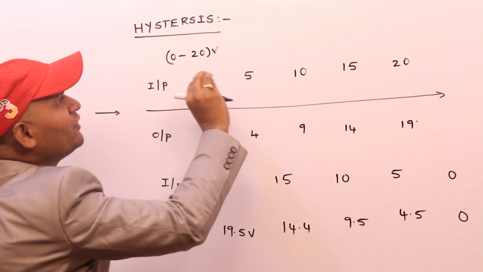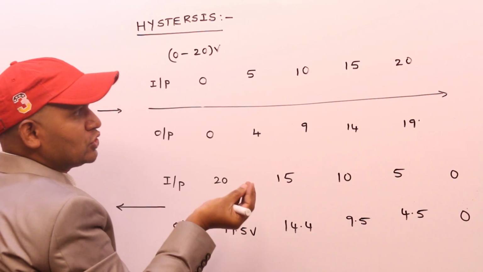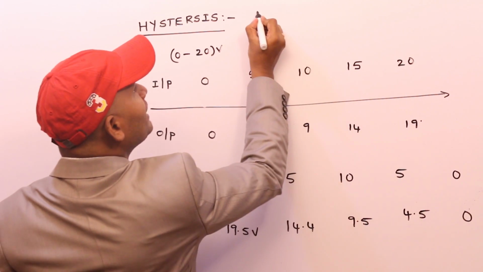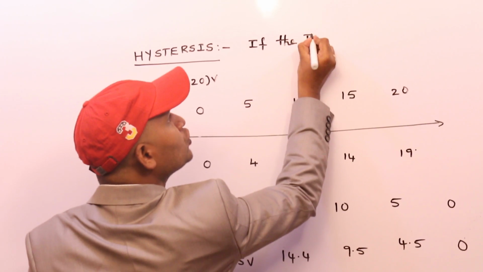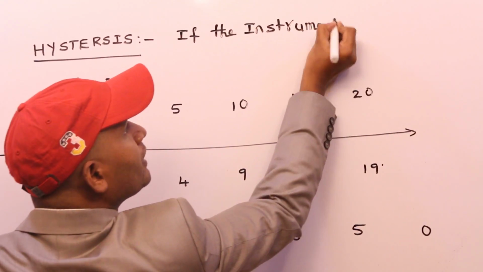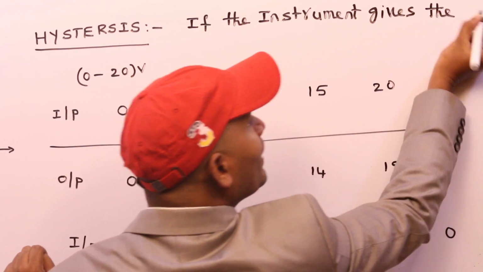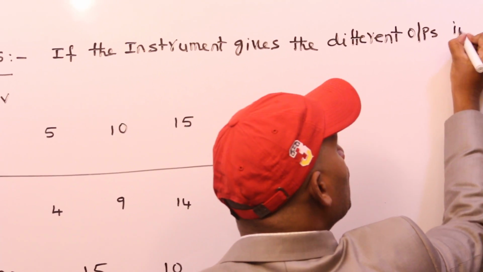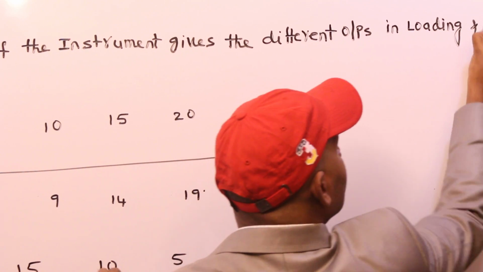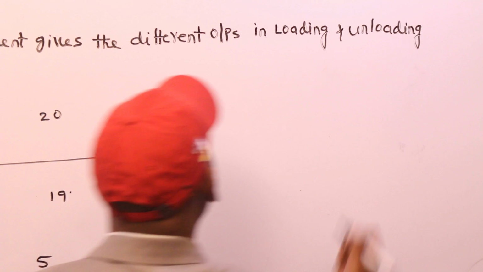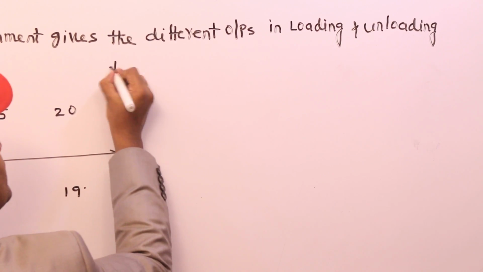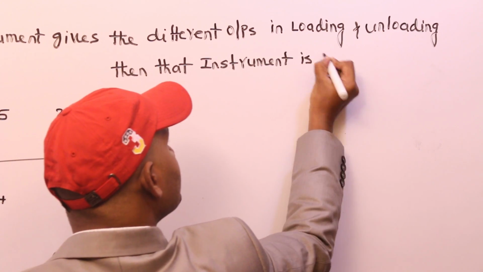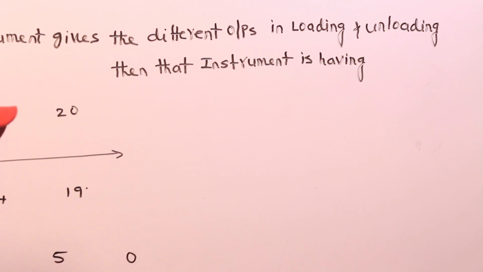Generally we can define it like this: the instrument which gives different outputs in loading and unloading is said to have hysteresis characteristics.